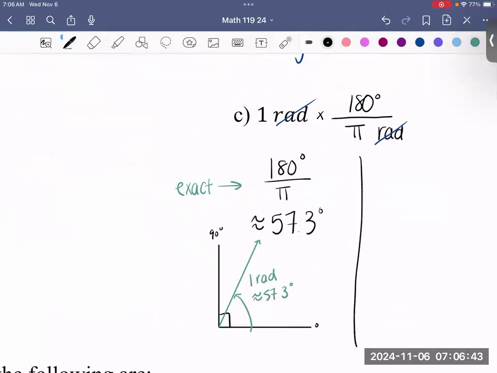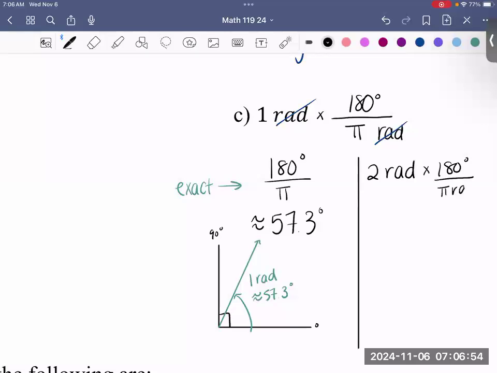If we were to do another example, let's say we did 2 radians. Let's do that one, where again, we're still going to get our radian to cancel. So again, this cancels. And now we're left with 2 times 180 degrees over pi.